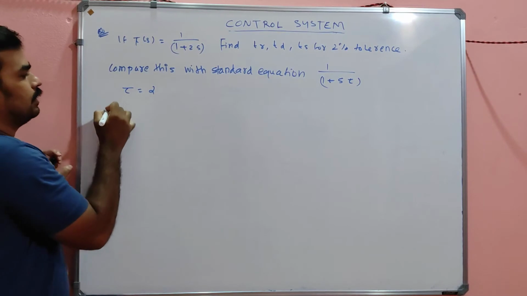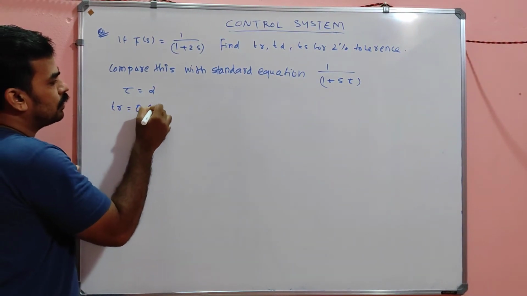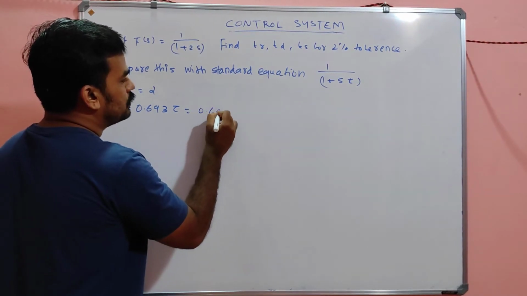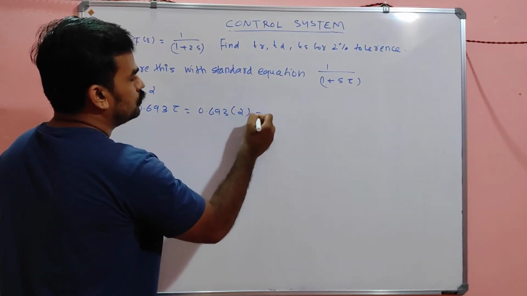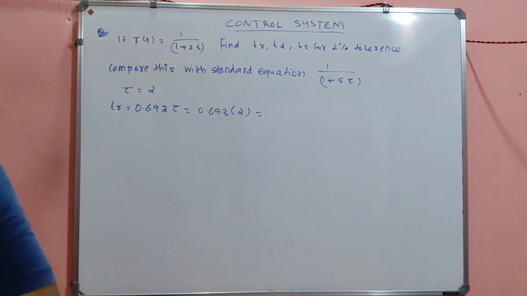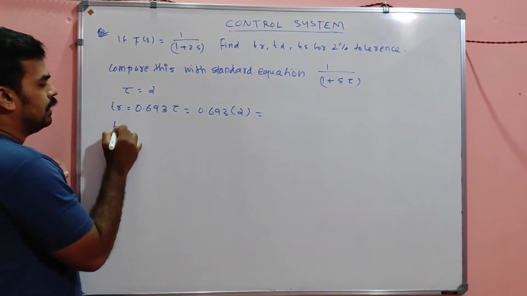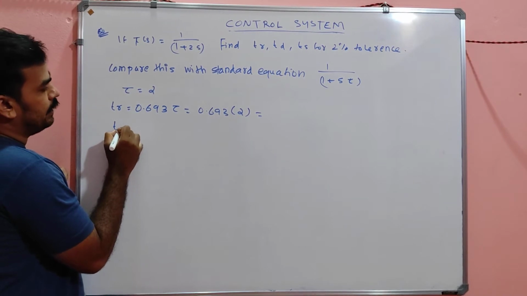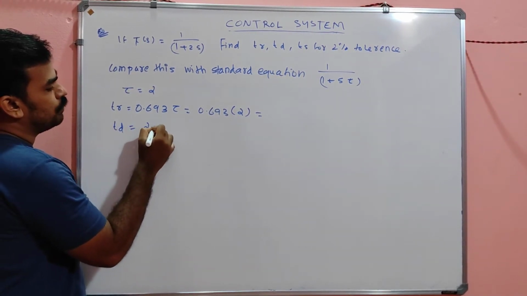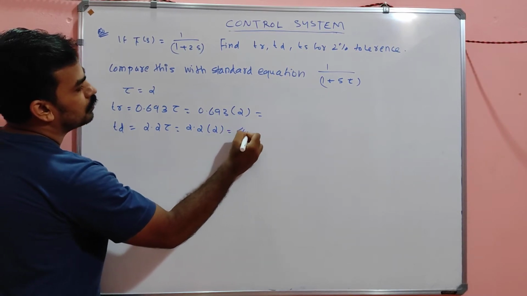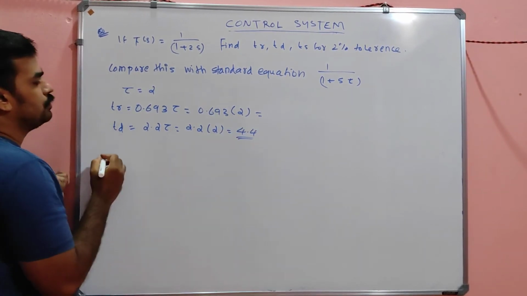So find TR. TR will be equal to 0.693 into tau, that is 0.693 into 2. You can calculate that. And delay time TD is equal to 2.2 into tau, 2.2 into 2.